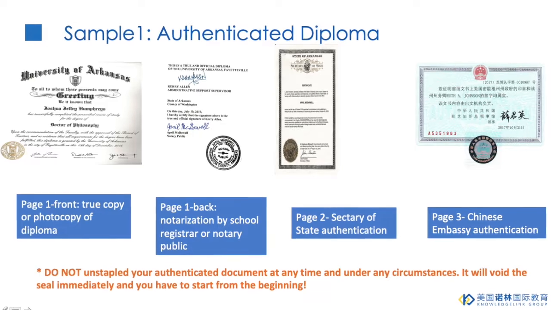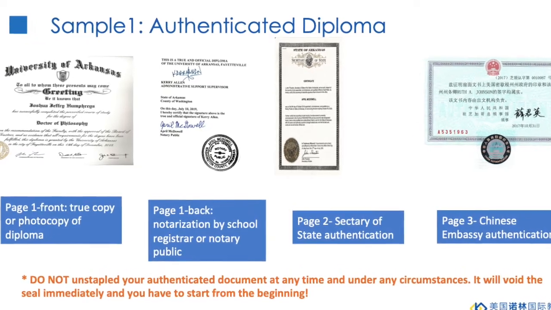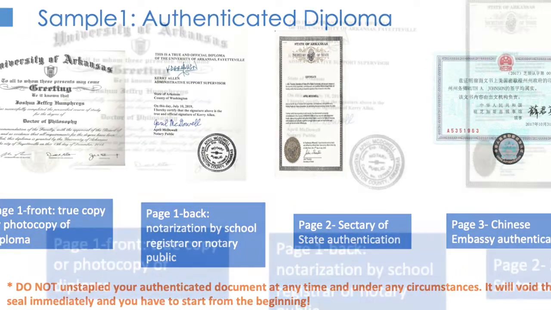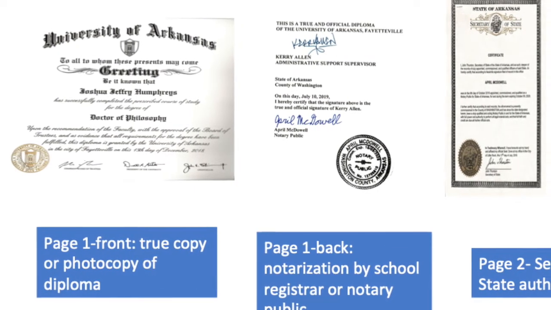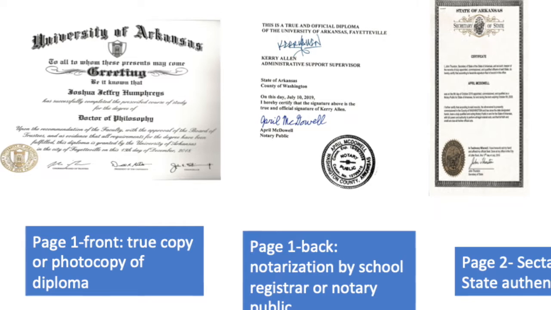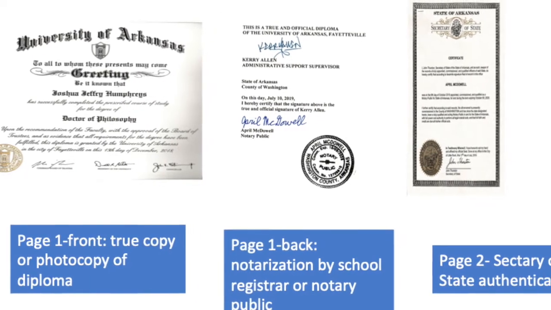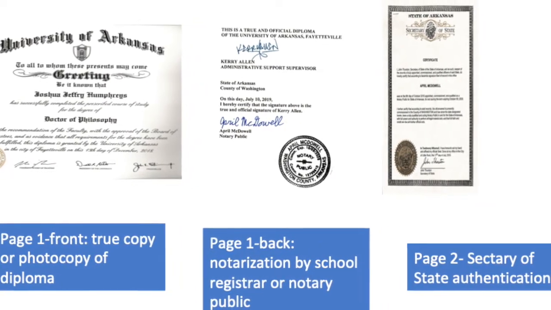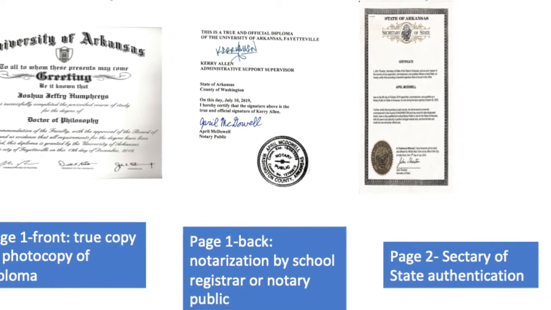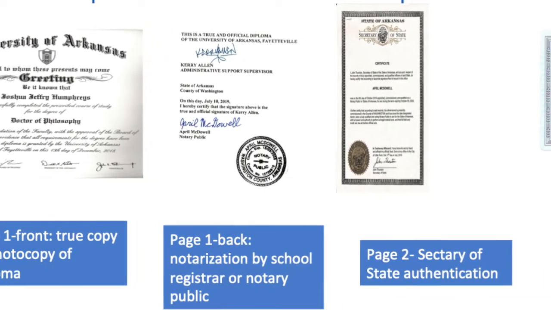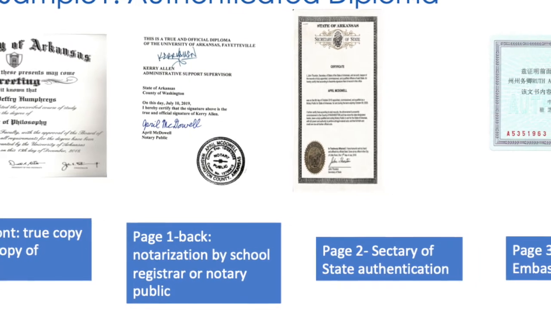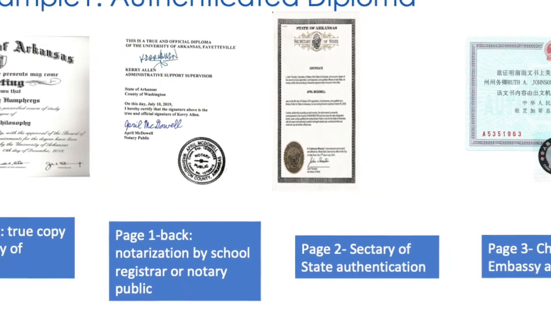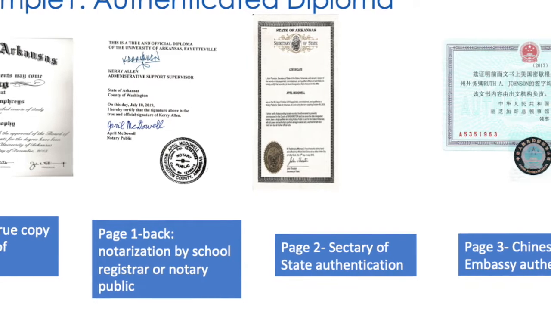Here is a sample of an authenticated US diploma. The first page is a true copy or photocopy of a teacher's diploma. In the back of the diploma, it has a notarization stamp. In the States, the level 1 diploma notarization could be done either by the school registrar office or by a notary public. Then it could be further authenticated by the Secretary of State.